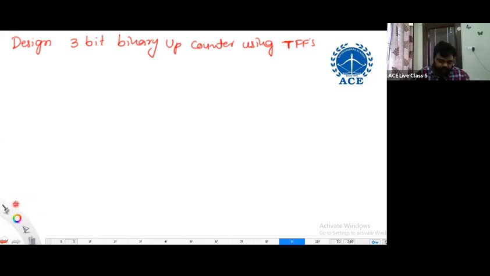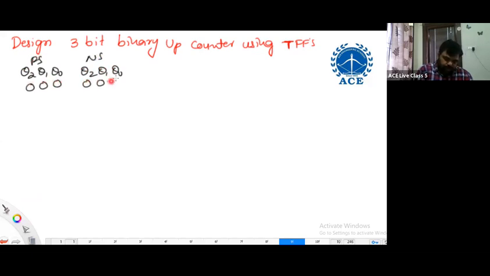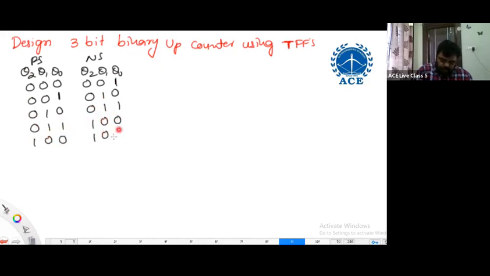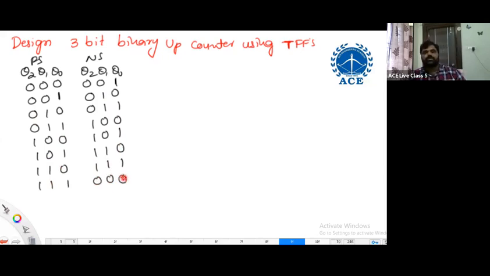Simple thing. 3-bit binary up counter: Q2, Q1, Q0 present state, Q2, Q1, Q0 next state. 0, 0, 0 to 0, 0, 1; binary up counter. 0, 0, 1 to 0, 1, 0, incrementing. 0, 1, 0 to 0, 1, 1. 0, 1, 1 to 1, 0, 0. 1, 0, 0 to 1, 0, 1. 1, 0, 1 to 1, 1, 0. 1, 1, 0 to 1, 1, 1. 1, 1, 1 to 0, 0, 0. This is what we have.